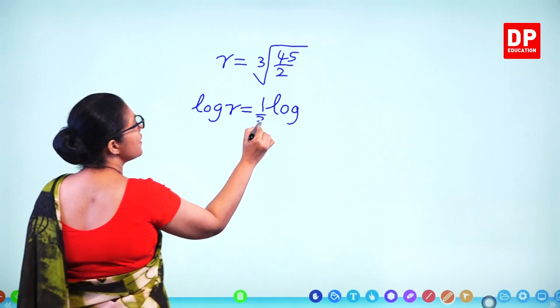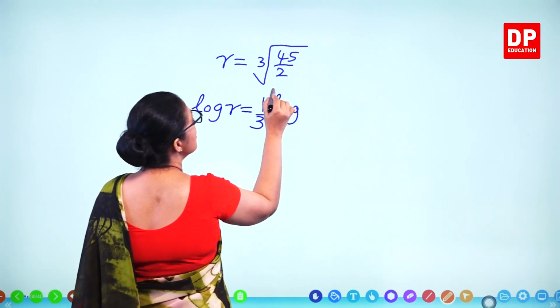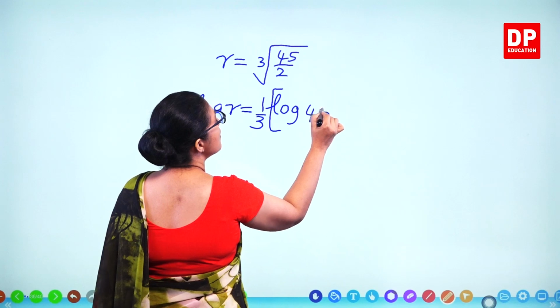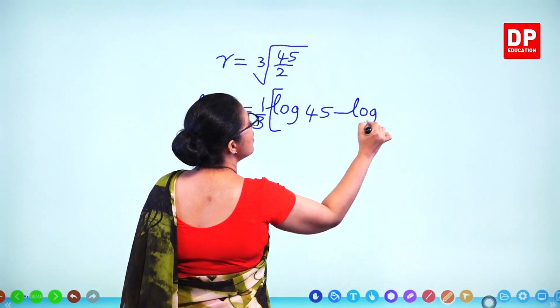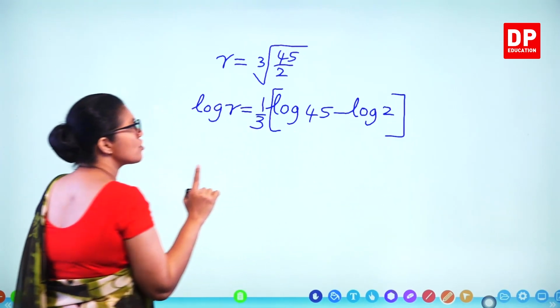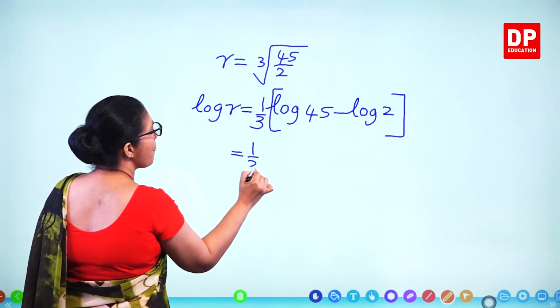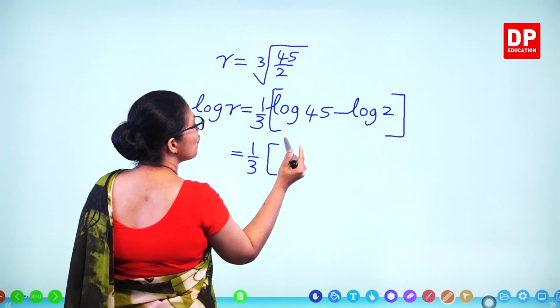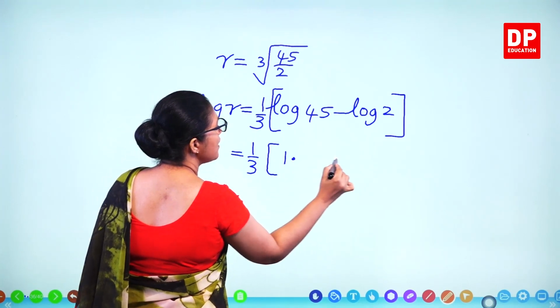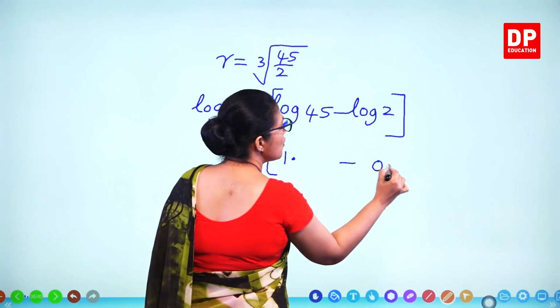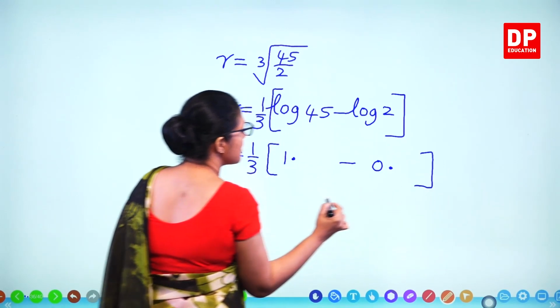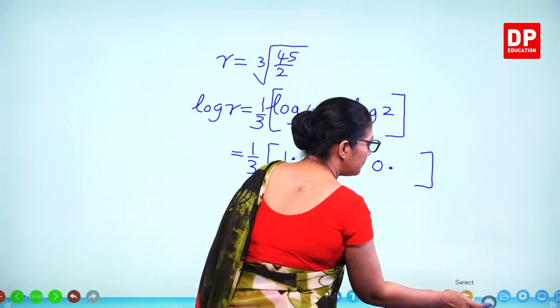So 1 over 3 log 45 minus log 2. Division becomes subtraction of logarithms. So we have to refer to the table and get these values. Log 45 means 1 point something and log 2 means 0 point something. So now let's refer to the table.